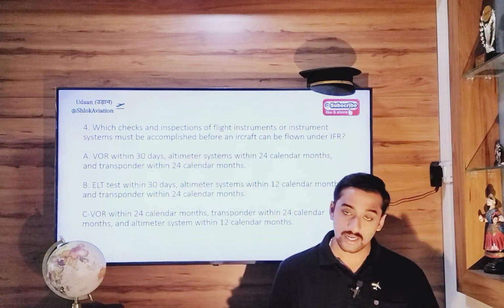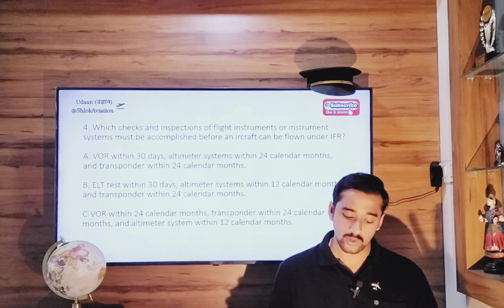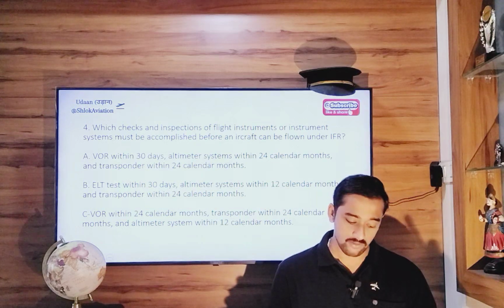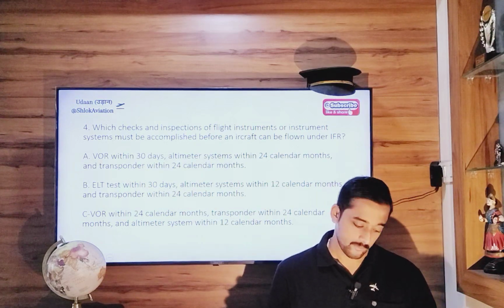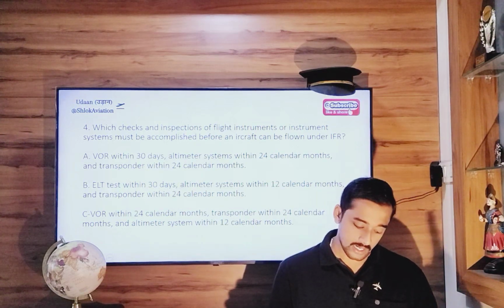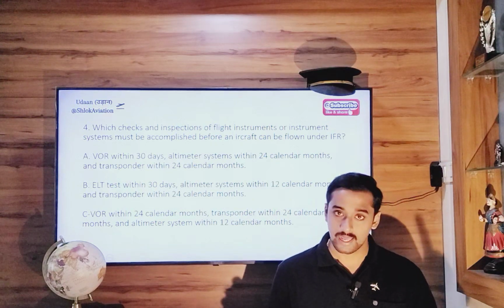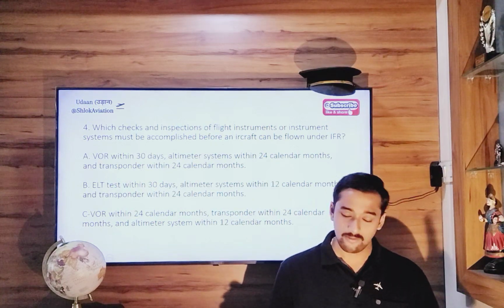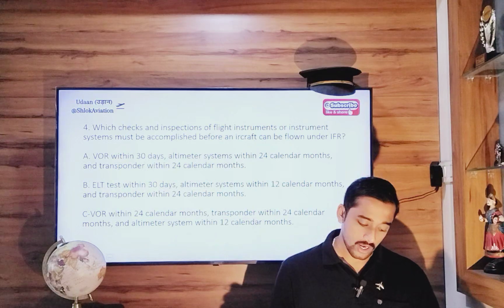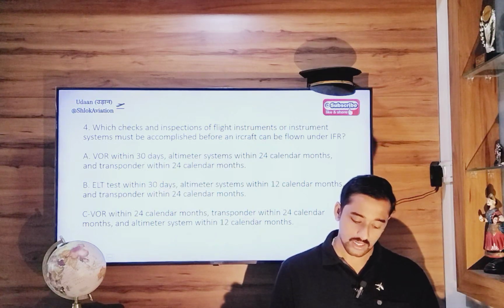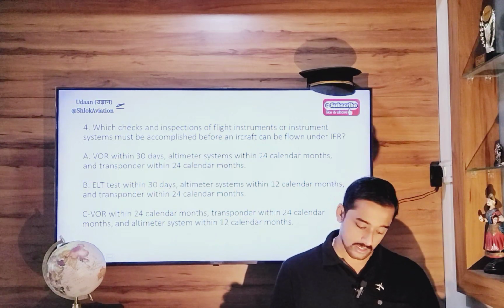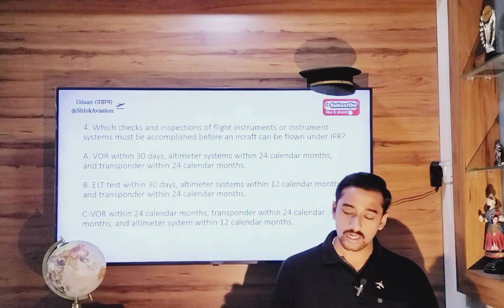Option A: VOR within 30 days, altimeter systems within 24 calendar months, transponder within 24 calendar months, ELT test within 30 days. Other options: altimeter 12 calendar months, transponder 24 calendar months, VOR within 24 calendar months, transponder 24 calendar months, altimeter 12 calendar months.